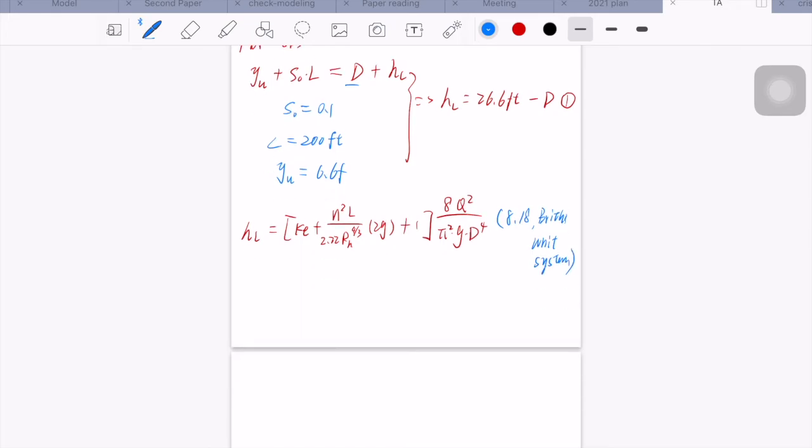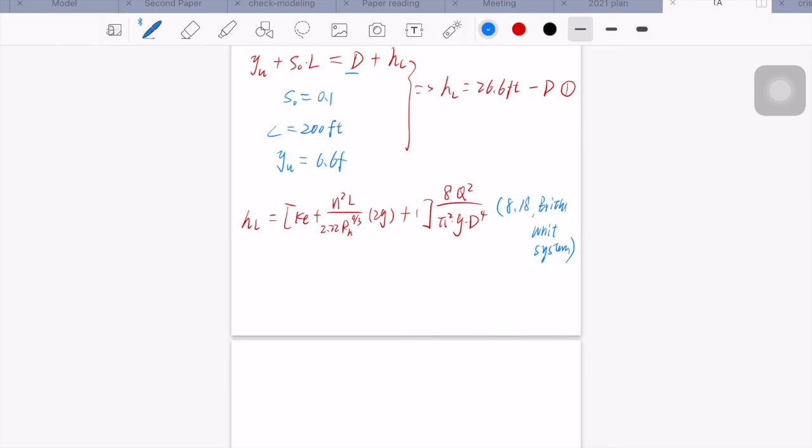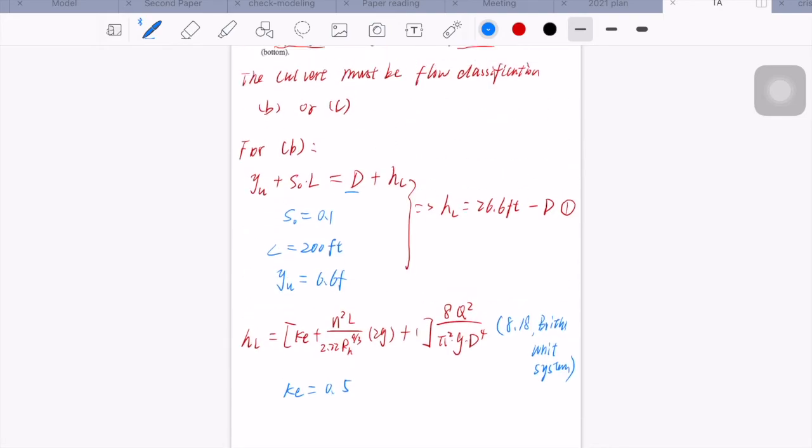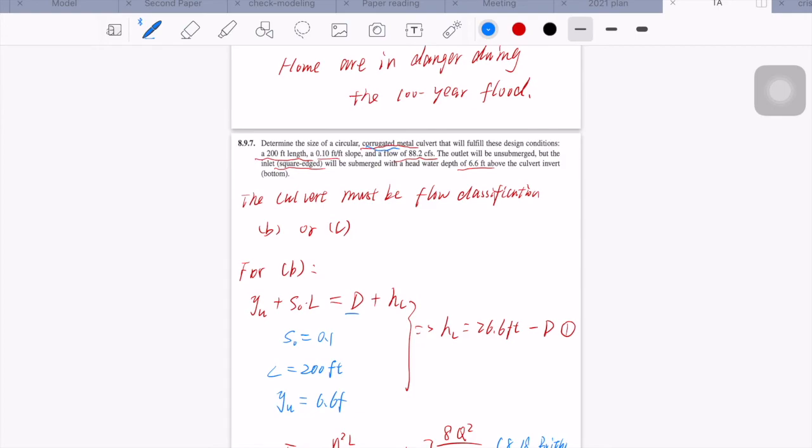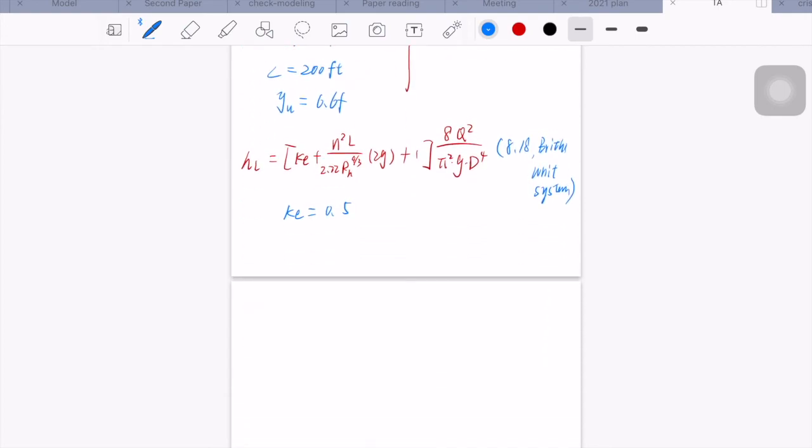And we know this is a square-edged entry, so we know the Ke equals 0.5, and we know this is a corrugated metal. So from table 6.2, we know Manning's coefficient n equals 0.024. This is from table 6.2 in the textbook, and we know L equals 200 feet.